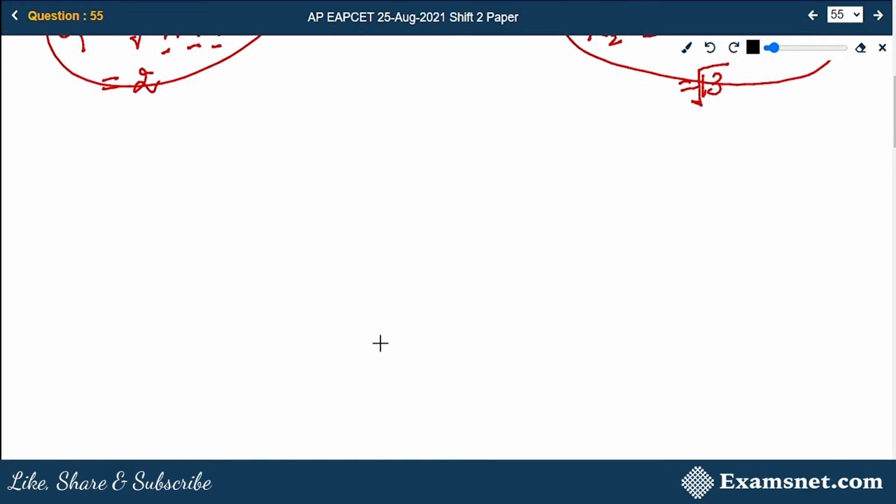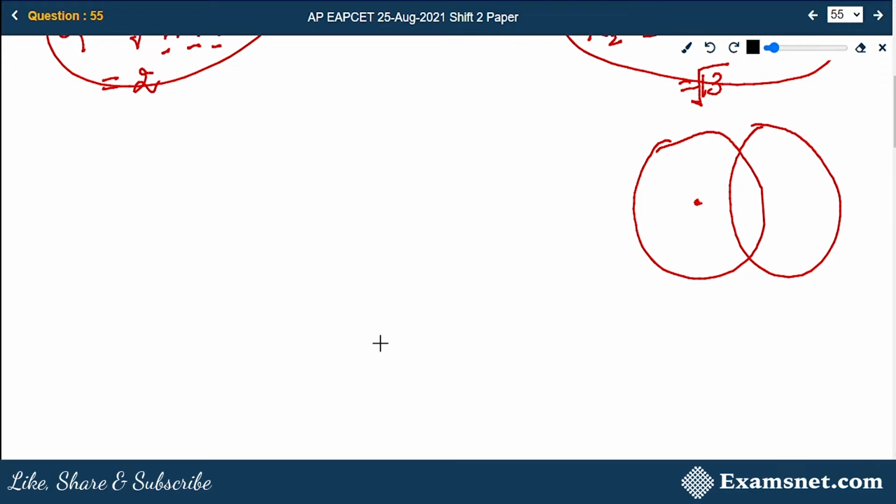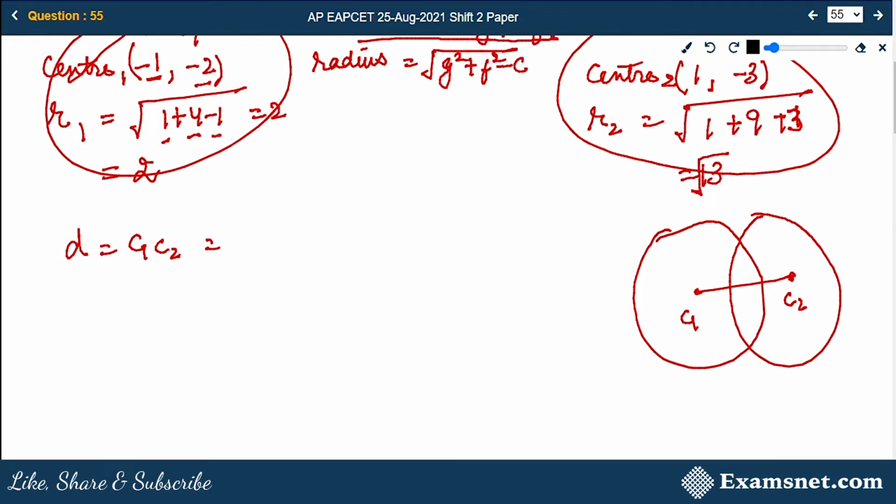What do you have to find? In this question, you have to find the angle between the two circles. First of all, you need to find the distance between their centers. The distance between the centers C1 and C2: you already got C1 as minus 1 comma minus 2, and C2 as 1 comma minus 3.